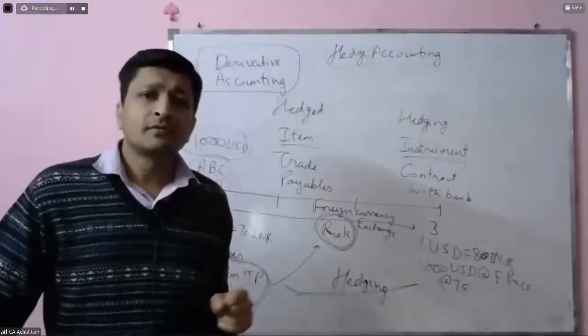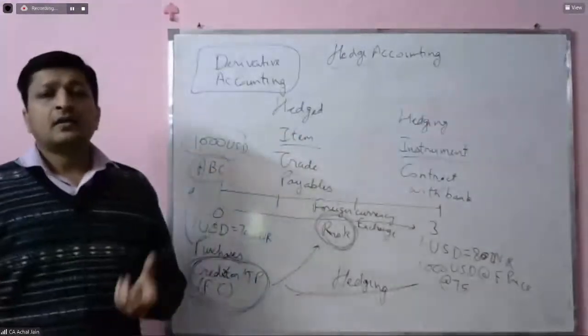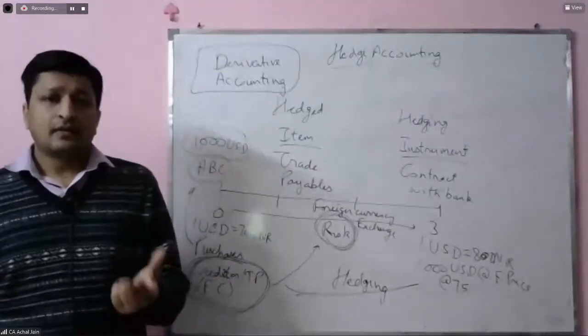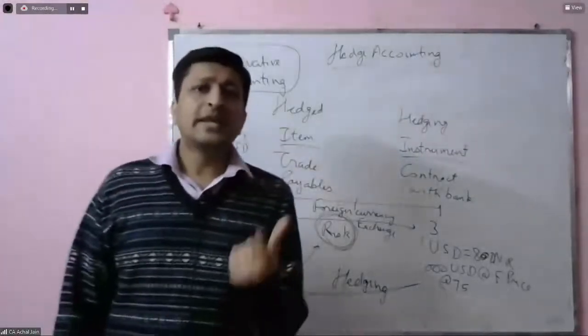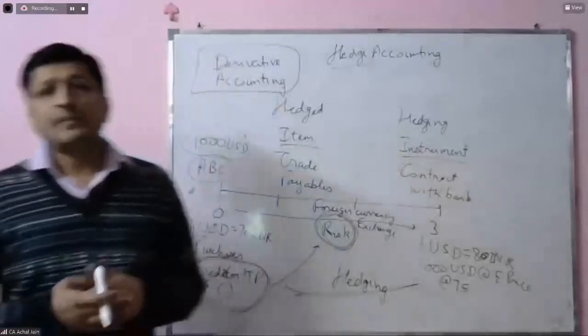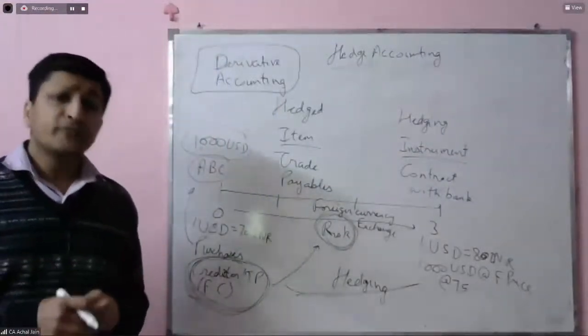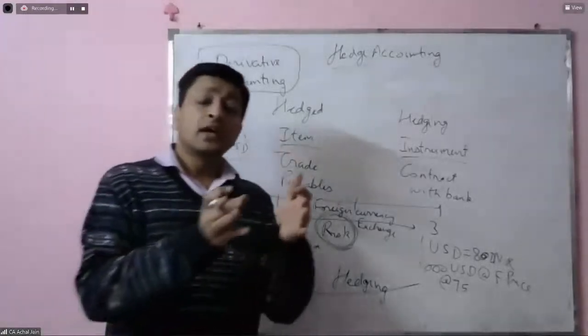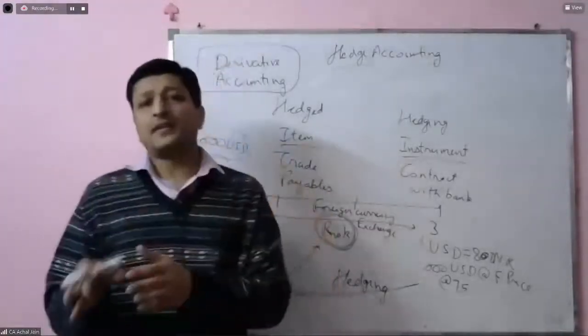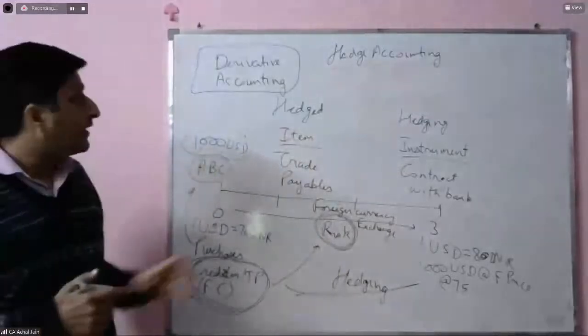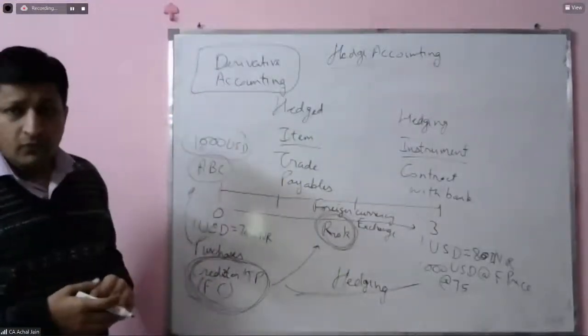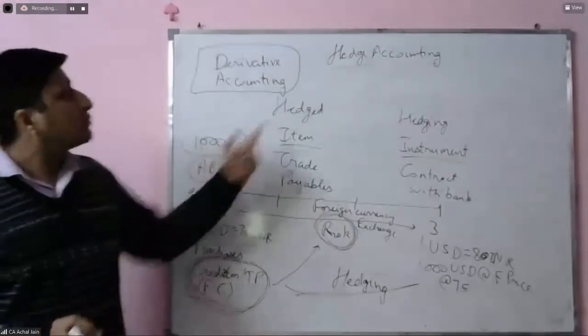Because of which, P&L may get some fluctuations, some volatility. If we want to avoid that exposure of P&L to derivative accounting, what we can do is move on to hedge accounting.